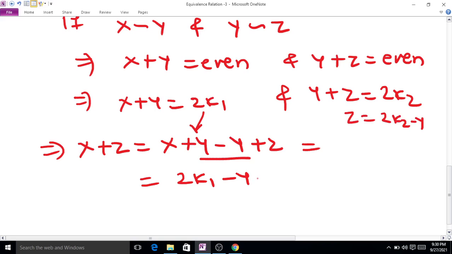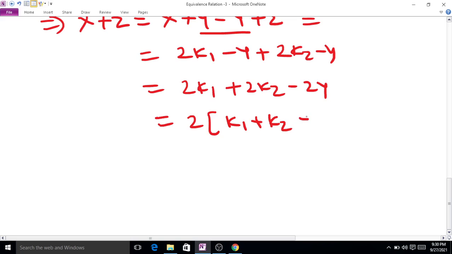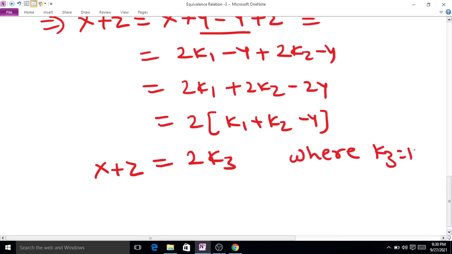If you simplify this, it is equal to twice k1 plus twice k2 minus twice y, and therefore, if you take 2 outside, inside the bracket k1 plus k2 minus y, which is equal to, say, twice k3. So x plus z is also even, where k3 is equal to k1 plus k2 minus y.